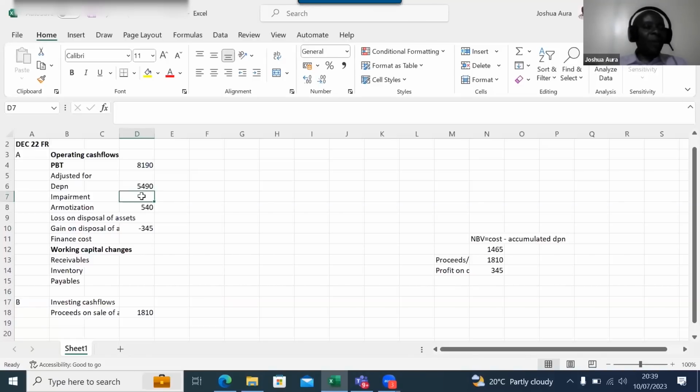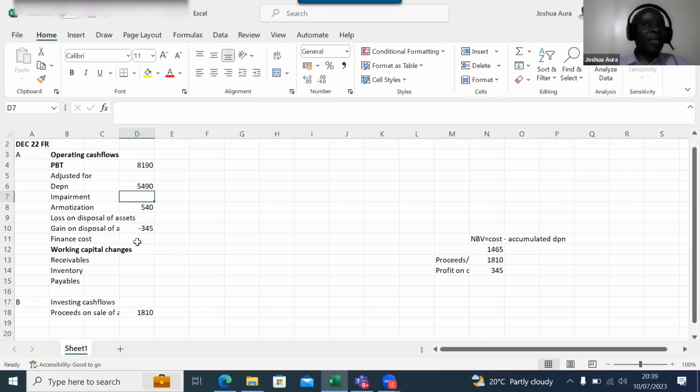So impairment, I don't expect to get anything. And a loss on disposal of assets, nothing. So now I'm looking for the interest charged in the income statement. I need to come and add this back. Where am I adding this back? Remember, finance cost, ladies and gentlemen, in the new way, IAS 7, finance cost is not supposed to be in operating activities.